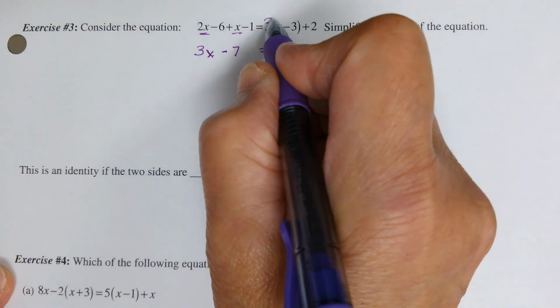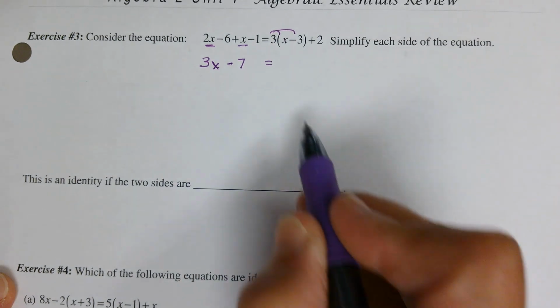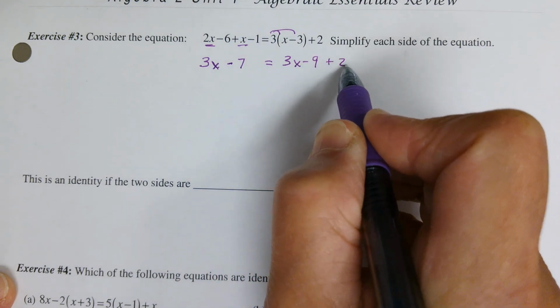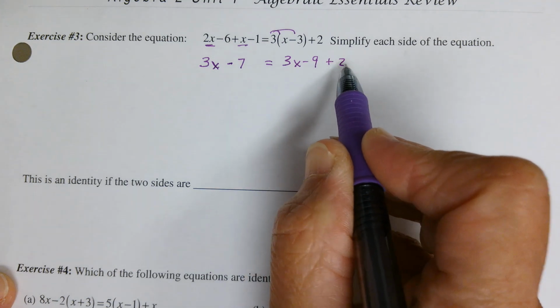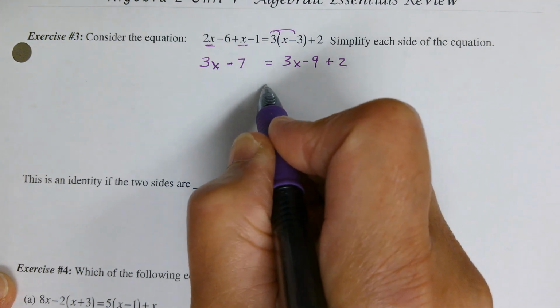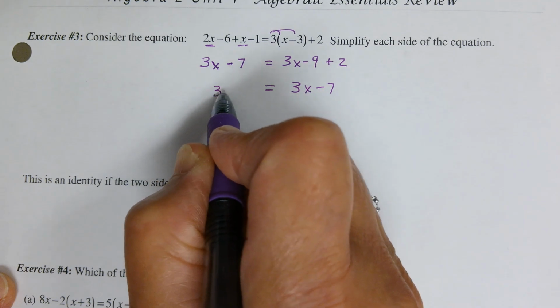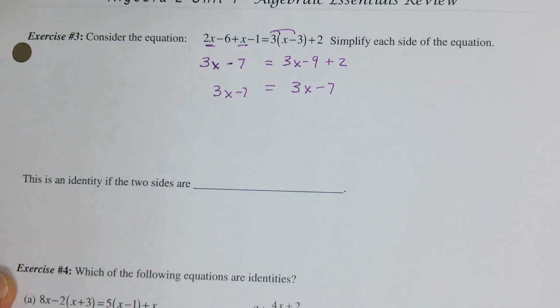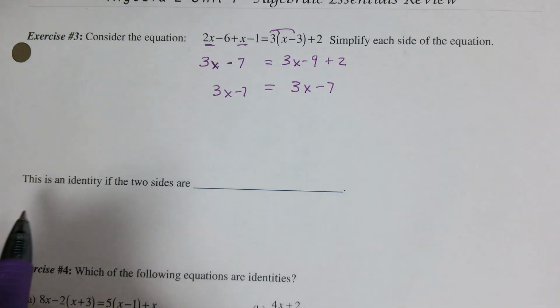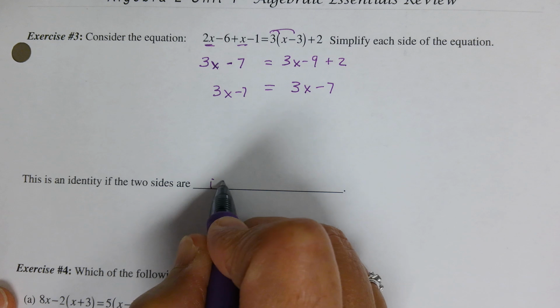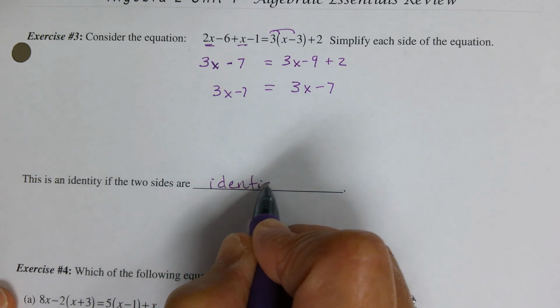Right-hand side, distributing the 3, 3x minus 9 plus 2, and negative 9 and 2 is a negative 7. This is an identity if the two sides are identical, which they are.